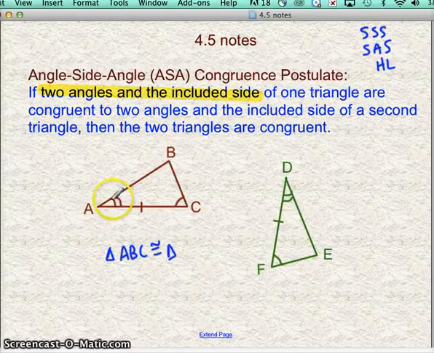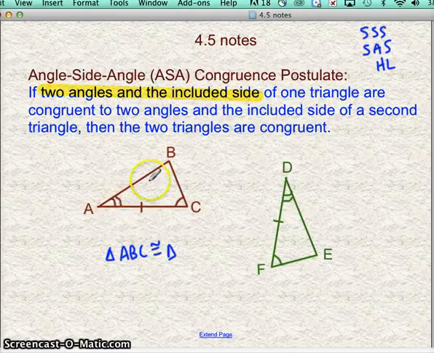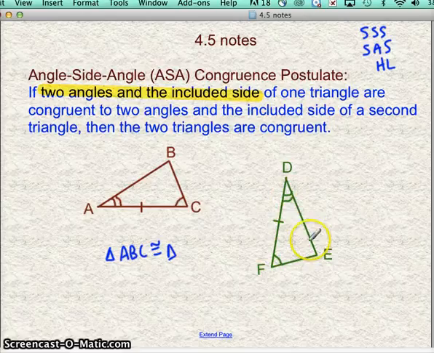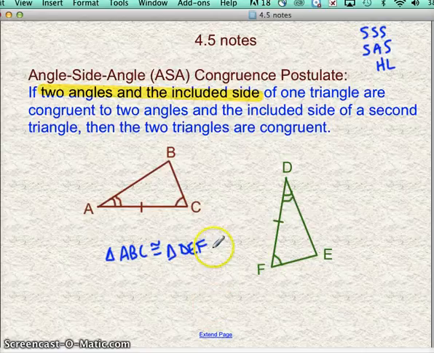So I'm going from the 2 arc to nothing to the 1 arc. So it would be D, E, F. Okay, and they are congruent because of angle, side, angle.